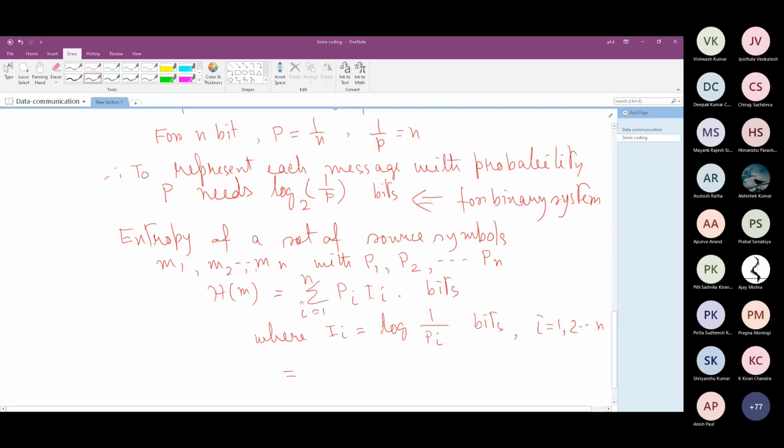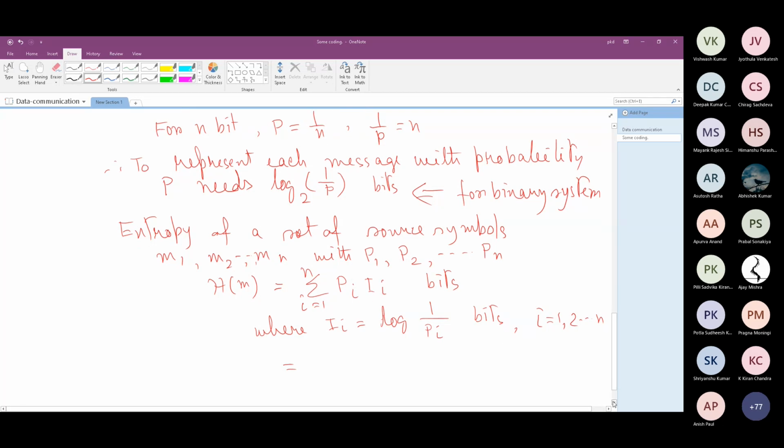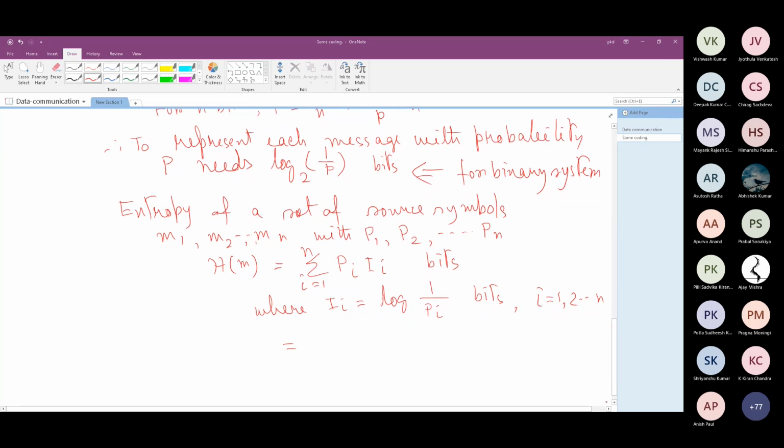And then the entropy of a set of source symbols is defined as the summation of the information content probabilistically. That means if we predict how many times a particular event will occur, that will be given by this probability Pi, multiplied by the information content Ii.